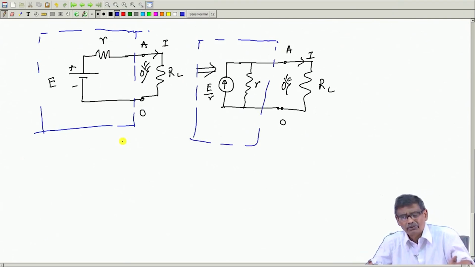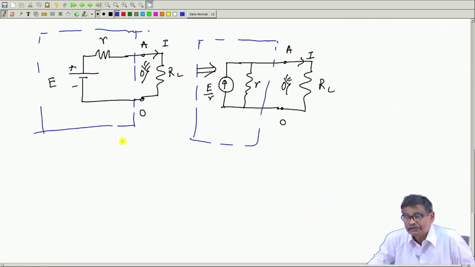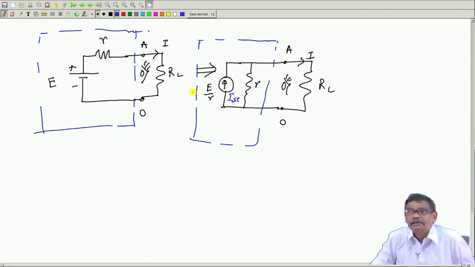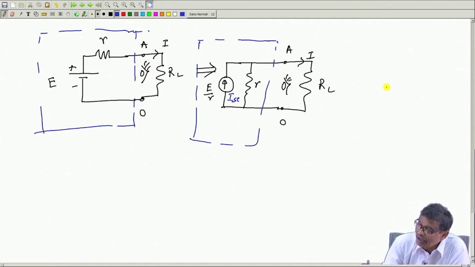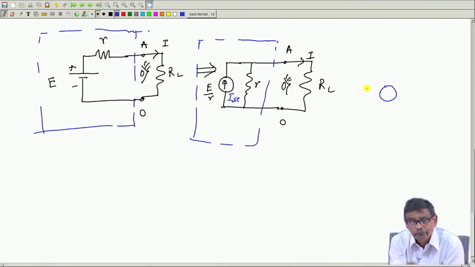He may say, no, there was no battery in series with a resistance, here was a constant current ISC whose value is E by R in parallel with a resistance. Therefore, a current source I will denote it. We will be discussing about this more often than this simple example, but if you start from this, it will be easier.